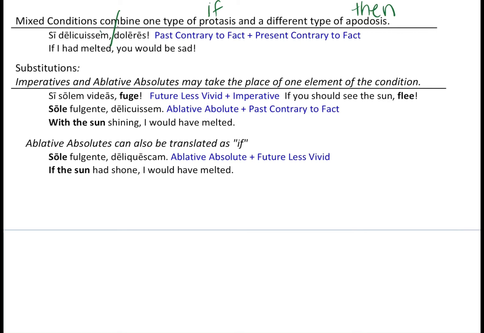So if you look at this first one, si deliquissem doleres, the first part of it here, I'm gonna highlight in one color so you can see. Si deliquissem is past contrary to fact, and you know past contrary to fact takes a pluperfect subjunctive, which you're looking right there, and deliquissem is a pluperfect subjunctive. It gets translated as had, so that's how we're gonna do that.